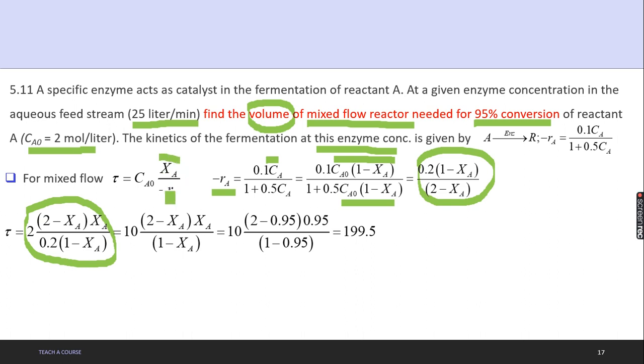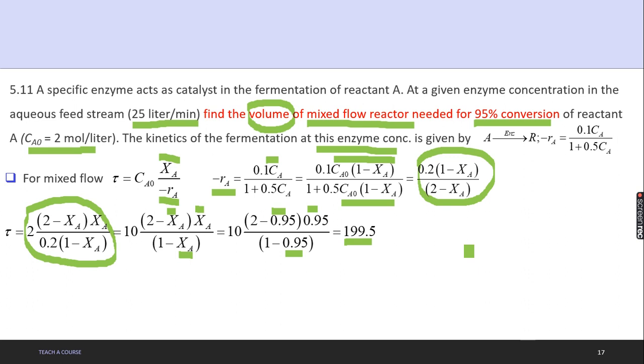This XA was already there, and RA we have substituted. You can do the calculation again, and for XA we need 95% conversion. So XA we know is 95%, so 0.95 I'm plugging in here. Once we plug it back, this value is coming 199.5. So tau is becoming 199.5.